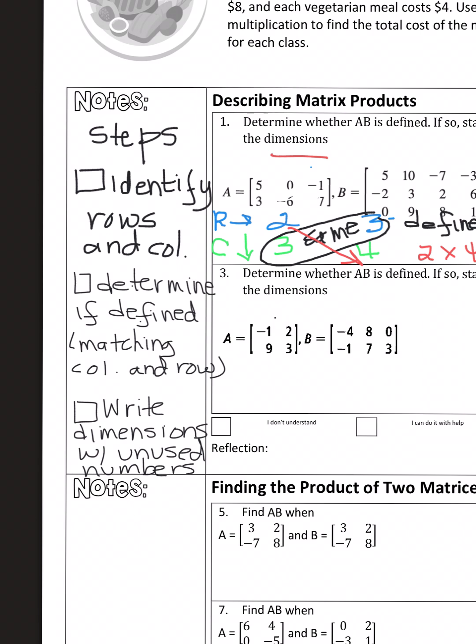And that's it. So go ahead and try 2, 3, and 4 and see how you do.